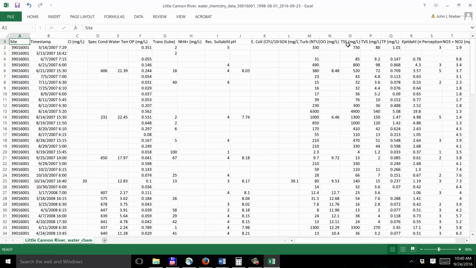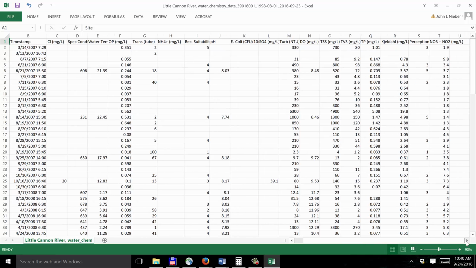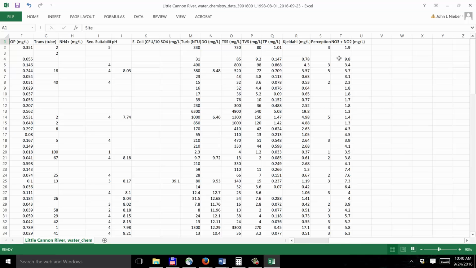total suspended solids in milligram per liter, TVS in milligram per liter. I assume that's total volatile solids. The total phosphorus, Kjeldahl nitrogen, which would be total nitrogen, which would include both nitrate, nitrite, and organic nitrogen.